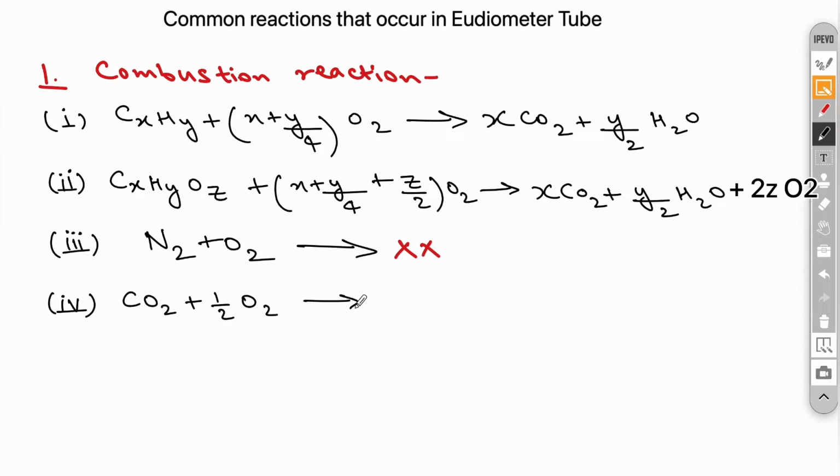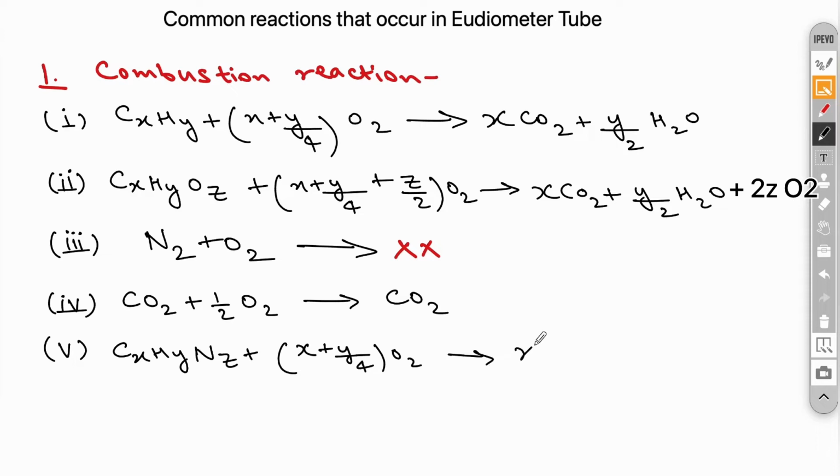The fourth type of reaction is CO plus half O2 giving us CO2. Then CxHyNz plus (x + y/4) O2 giving us xCO2 plus y by 2 of H2O plus z by 2 of N2.